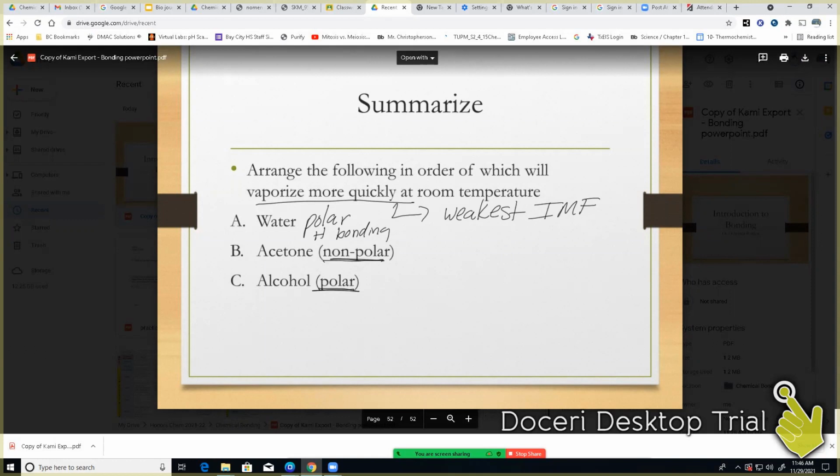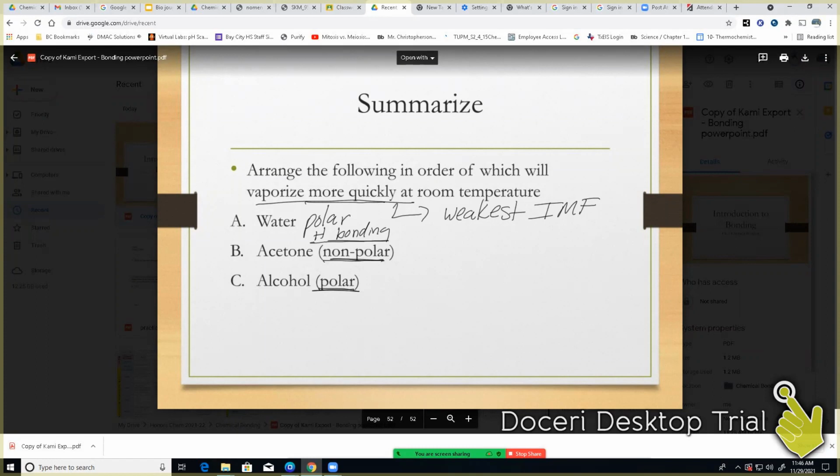So which one is going to evaporate the least quickly at room temperature? Which one? If the one that evaporates the most quickly has the weakest IMF, the one that evaporates the least quickly is going to have the strongest IMF. So of those three, which one has the strongest IMF?